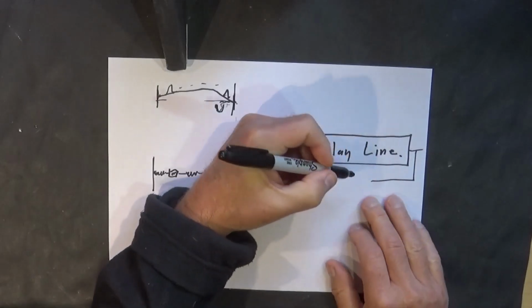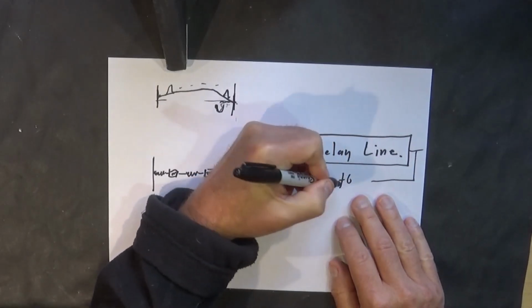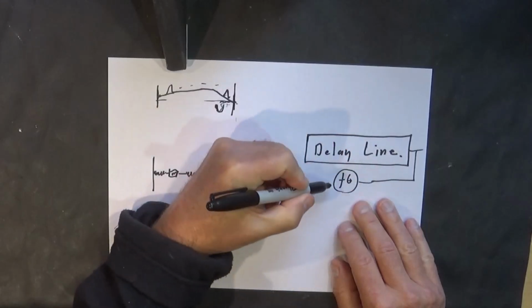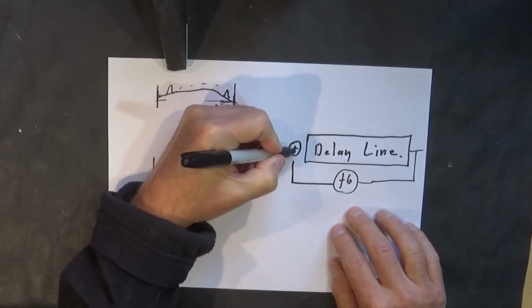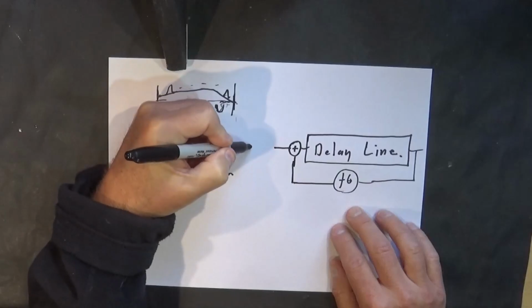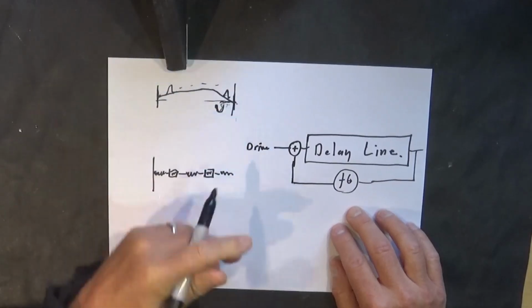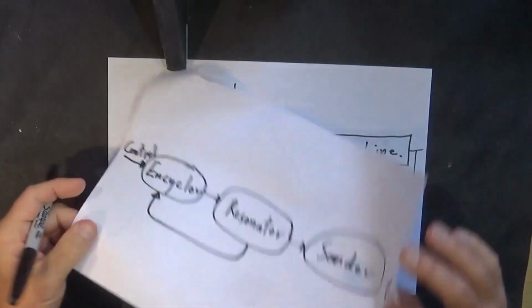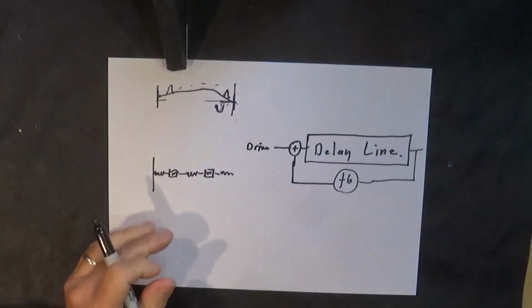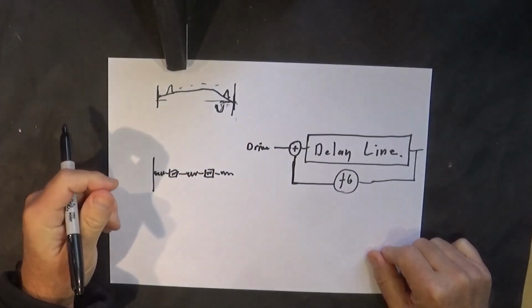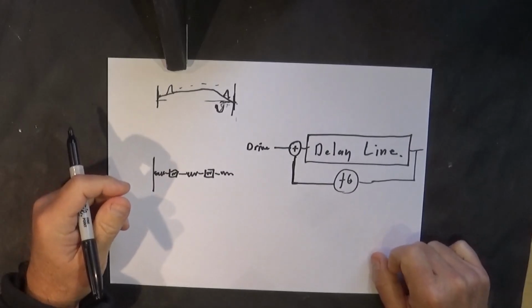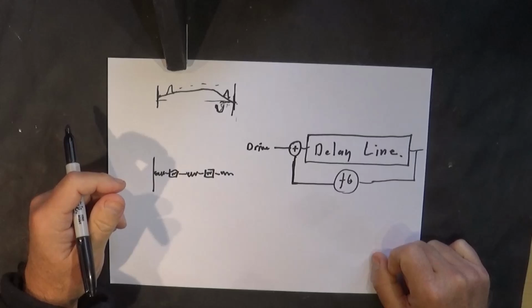We have a feedback amount which is at less than 1 or it'll run away, and we have a plus here, and we have our drive here, and our drive will be our encycler. So that is a lot easier to deal with. So let's set that up. I'm just going to set some test code up, and we're going to have a look at implementing a very simple delay line.